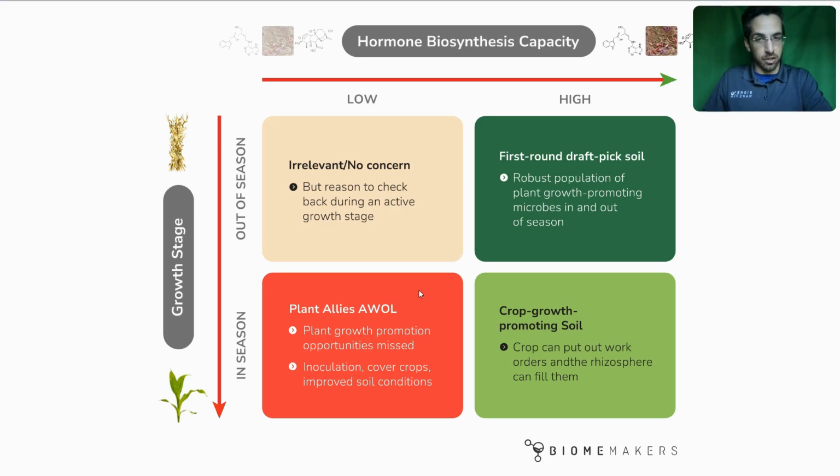That is the sign that your plant is having to put in all that much more effort on its own for lack of allies to support, guide its development, help it scavenge and locate nutrients, take off some of the metabolic load of producing these growth regulating compounds. And so your plant will not be able to thrive as well on its own than if it had its support staff, than if it had its team to back it up.